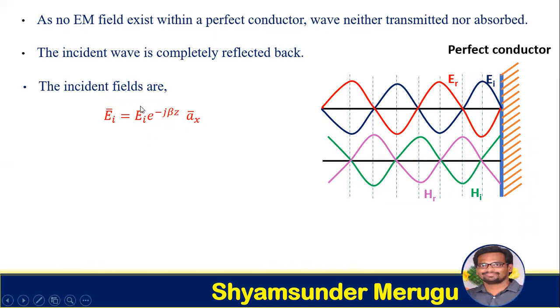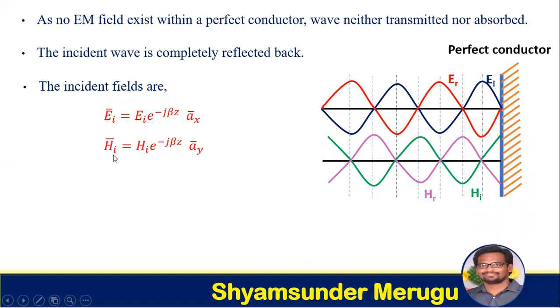Here E_I is the magnitude of the incident electric field and e power minus j beta z indicates that the electric field is propagating along the positive z direction.